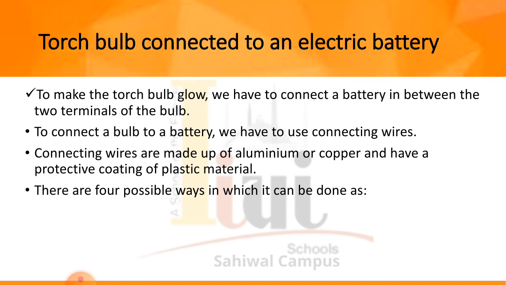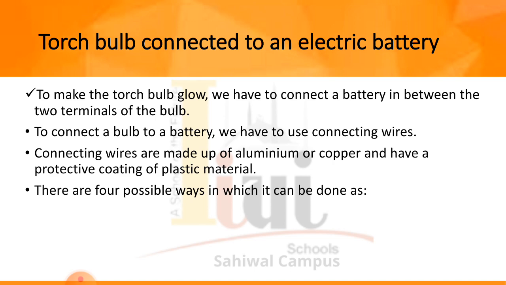Now you can see the picture on page number 135 showing a torch bulb connected to a battery, in which connecting wires with plastic coating are used. Two wires are connected to the cell at the positive and the negative terminal, and the two wires are connected at the metallic base of the bulb and the metallic tip of the bulb.